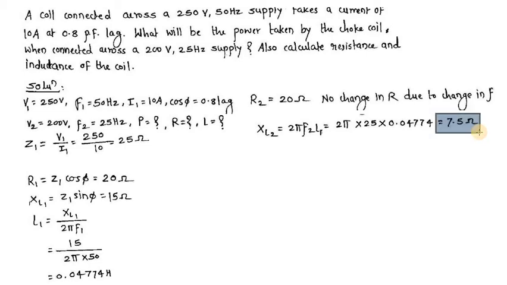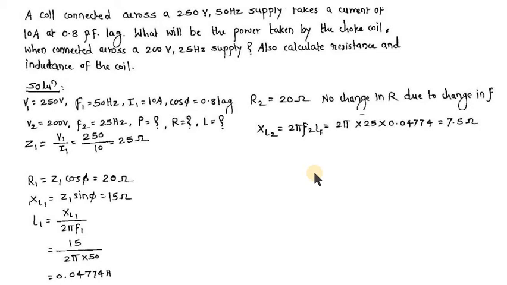Inductive reactance has become 7.5 ohm from what it was earlier. Look at this, it was 15 ohm earlier. So the inductive reactance value has become half when frequency has reduced to half the value. This was the thing to be noted in this numerical.